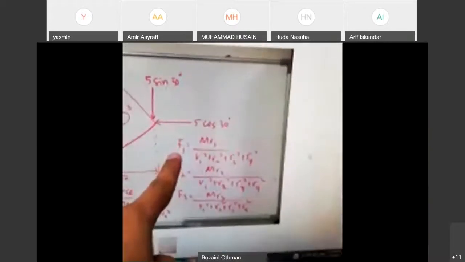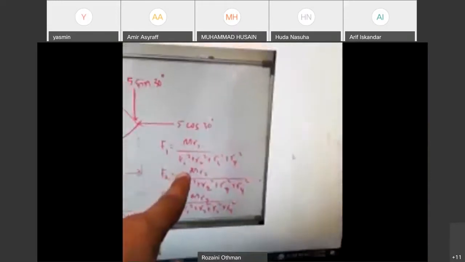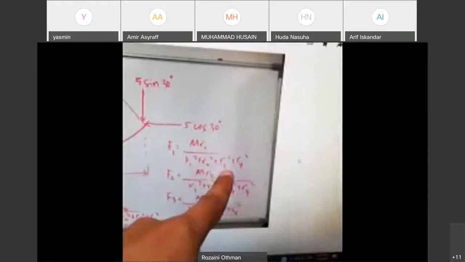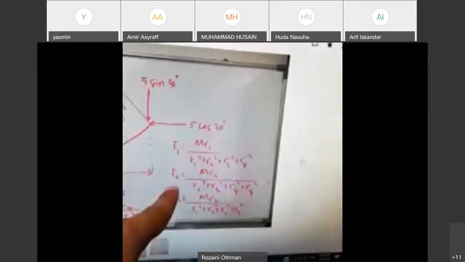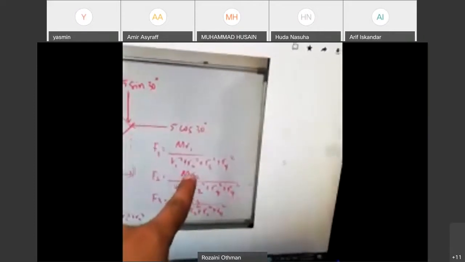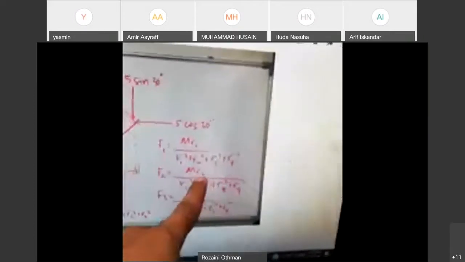For rivet number 1, F1 equals M r1 divided by r1 squared plus r2 squared plus r3 squared plus r4 squared, and likewise M r3 for F3 and M r4 for F4. Could you please determine the values for F1, F2, F3 and F4. I am waiting for your answer.